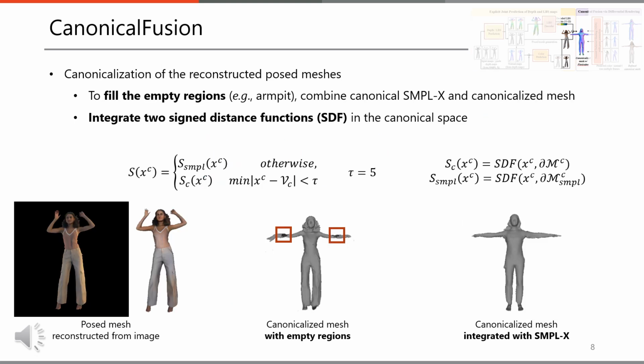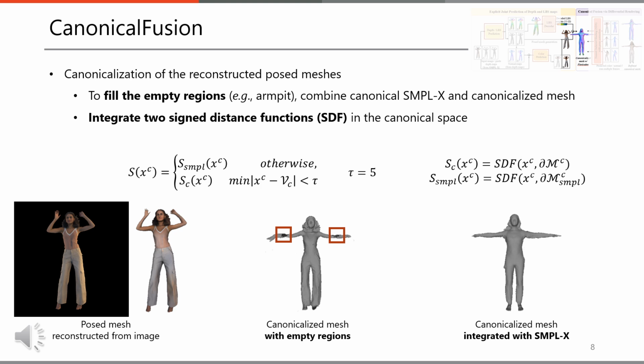Since we now have depth and LBS map of the input image, we can directly canonicalize the posed mesh reconstructed from depth map. However, this inverse skinning process fails to recover unseen geometry, such as armpit or arm, where the reconstructed mesh is not separated or occluded. Therefore, if we remove the faces stretched above the predefined value, these regions remain empty in the canonical space.